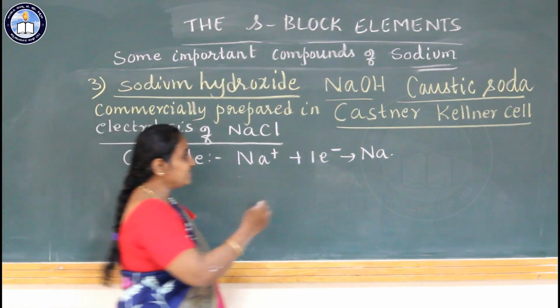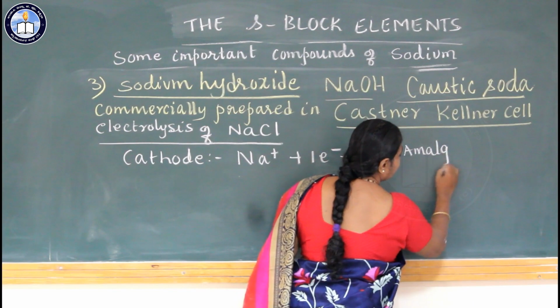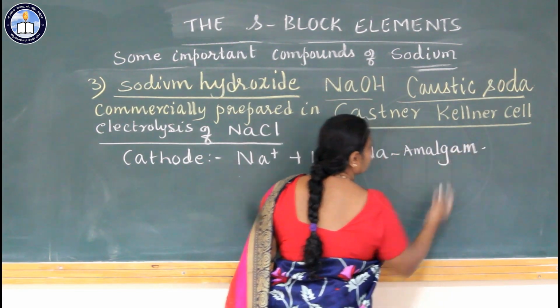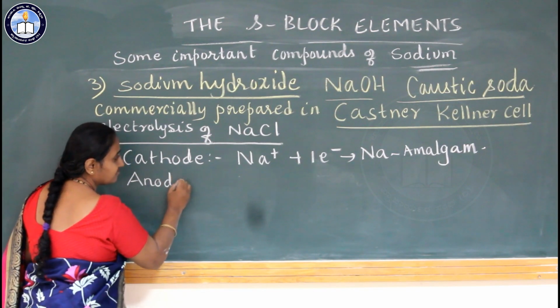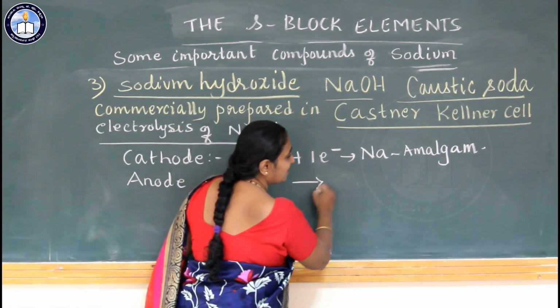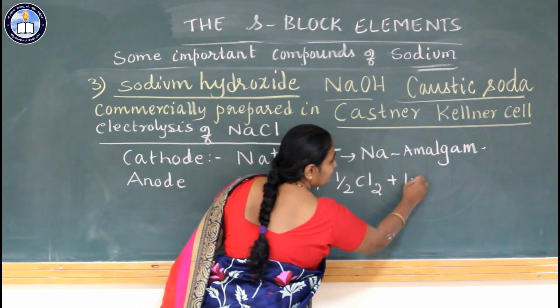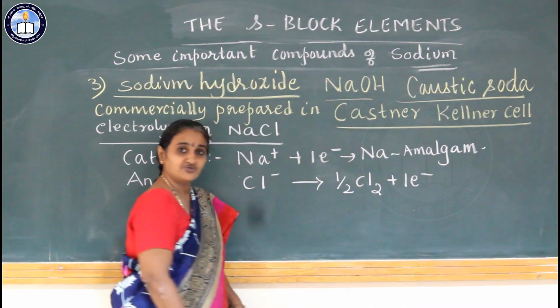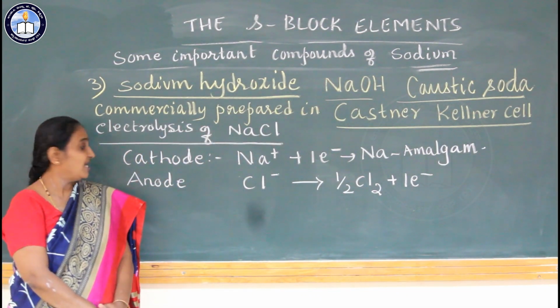Therefore, we call it sodium amalgam. At the anode, chloride ion loses 1 electron and forms Cl. Chlorine is liberated at the anode.